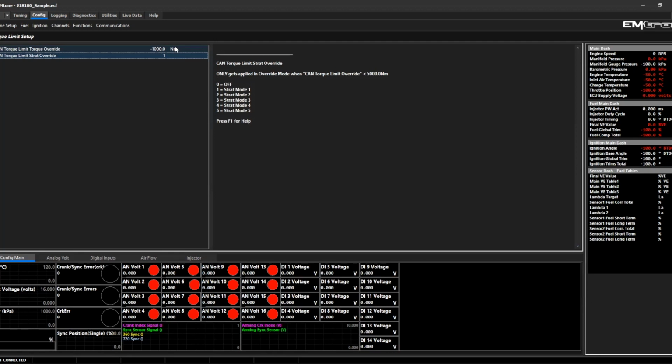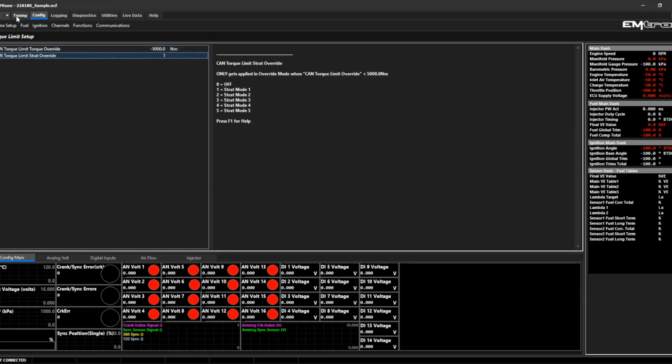A lot of people like to make their own torque limiting or speed limiting functions, and they could do that through, commonly probably a dash, I would say, that has some advanced functions. They could CAN bus that over. It can also be leveraged for some OEM CAN decoding applications as well.